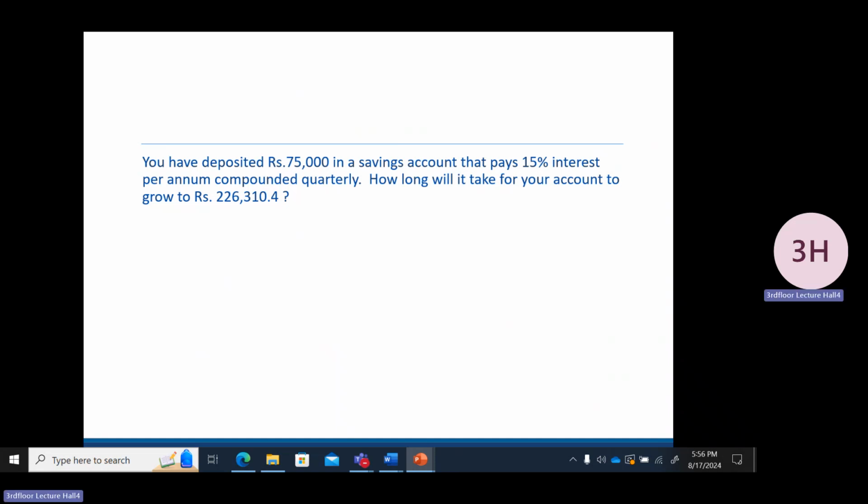So now I apply this: future value is 226,310, this is 75,000, and this is (1.0375) to the power X.